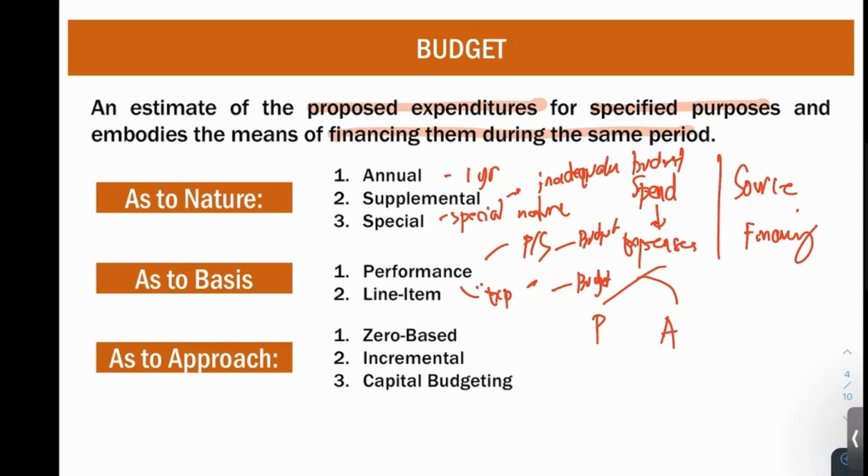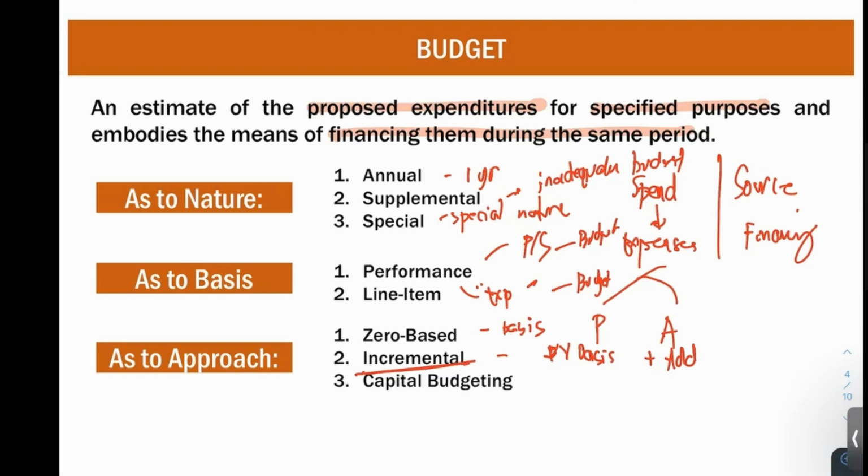In your incremental approach, you will only add or create an increment to a previous budget. So zero base, no basis. You create a new budget based purely on the programs or activities. Incremental, so there is a previous year basis, and you will only add an additional amount to the previous budget. That's why it's called incremental.